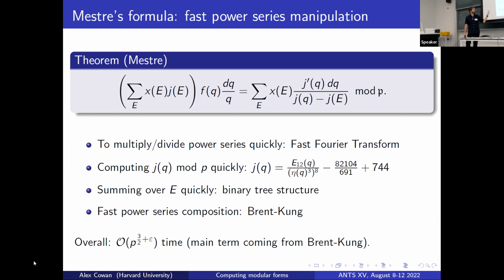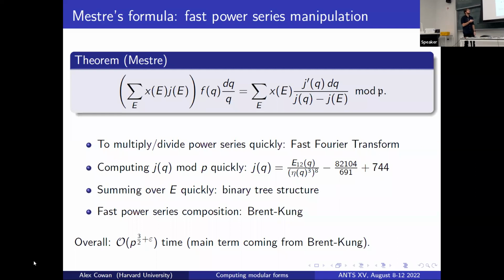But dividing by the cube of the Dedekind eta function to the 8th power ended up being slightly faster in practice because the cube of the Dedekind eta function has a q-expansion which is quote unquote sparse, right? Most of the Fourier coefficients are 0, so it ends up being slightly faster to divide by that instead of something else. And then you have to fix the constant term.